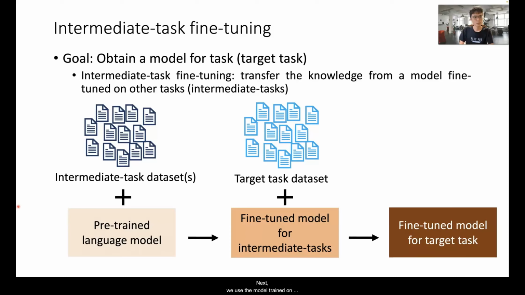Next, we use the model trained on the intermediate task to initialize the model for the target task and train the model on the target task. The logic of this method is very easy. The knowledge related to the intermediate task may be beneficial to the target task. So we can transfer the knowledge in the intermediate task by first fine-tuning the pre-trained model on the intermediate tasks.